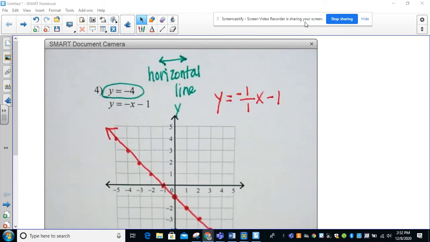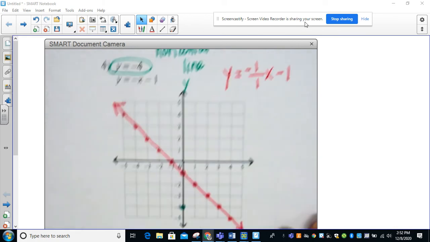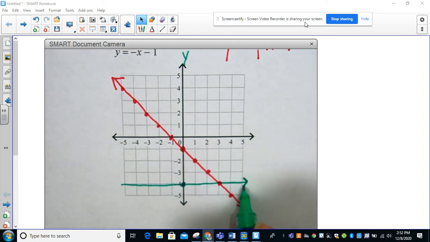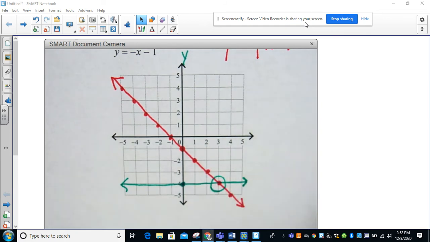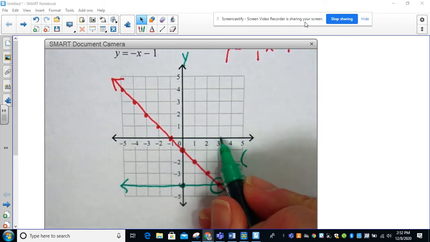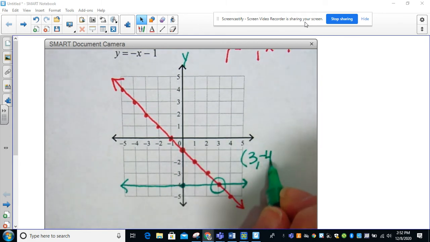Horizontal line like that, when you have y equals a number and there's no x in it. So back to here, draw a line horizontal through negative 4, and here we found our solution. The solution is where the lines touch, and the coordinate for that specific point is 3, negative 4.